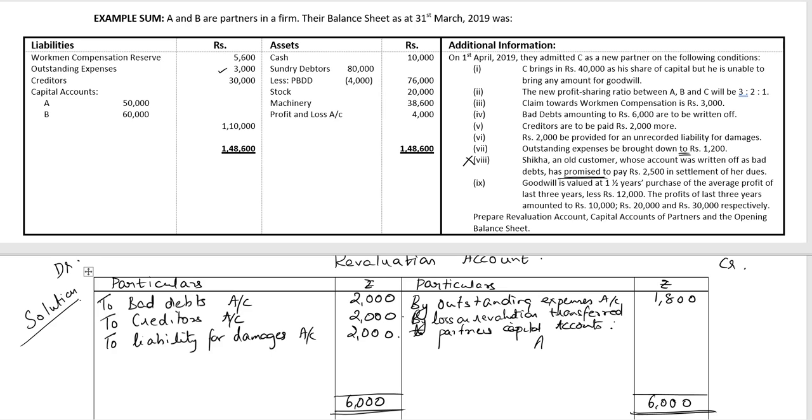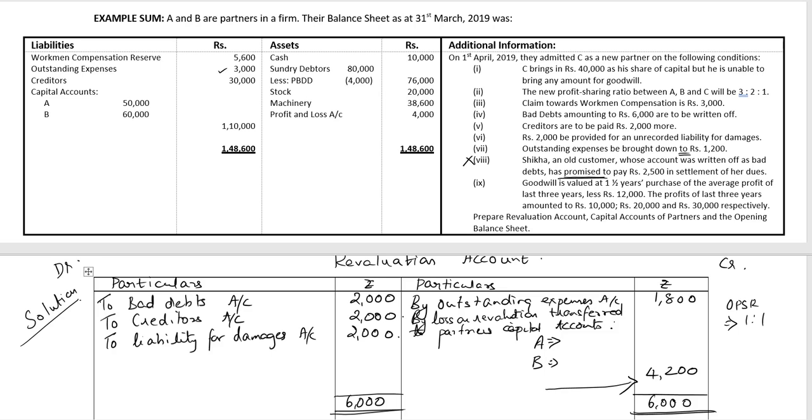We have A and B. Total loss 6,000 rupees minus 1,800 rupees, which comes up to 4,200. The profit sharing ratio is not given, so we assume that OPSR is equal. So between A and B, it will be 1:1.